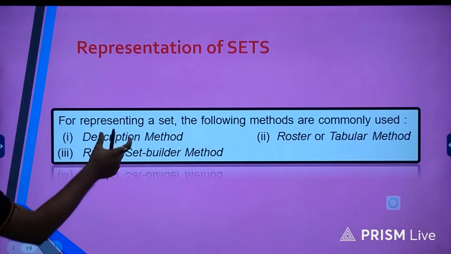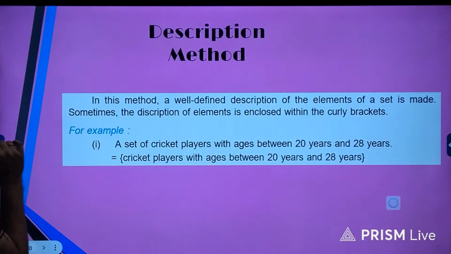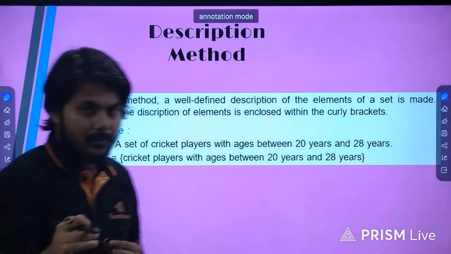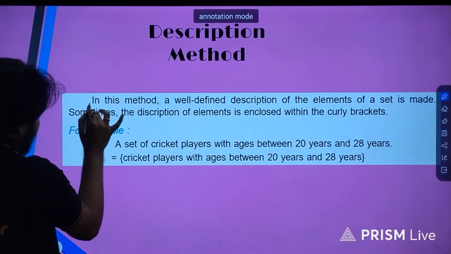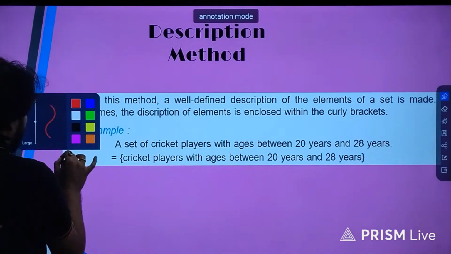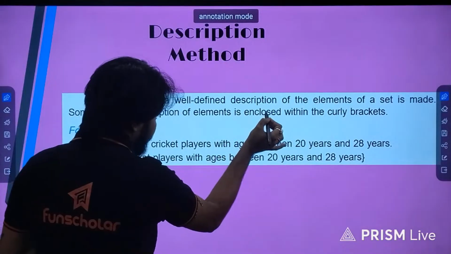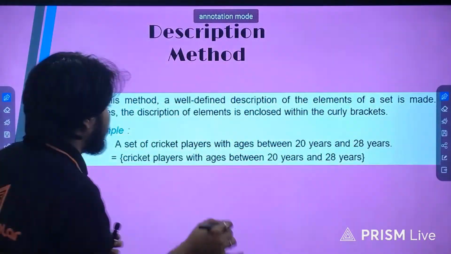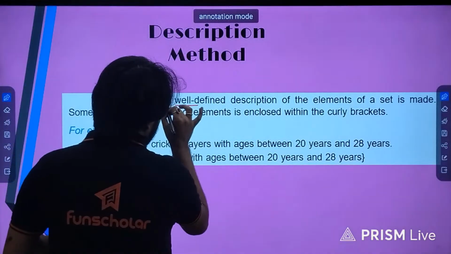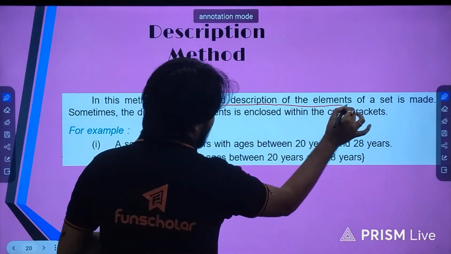So, starting with the first method, that is the description method. We are going through the definition of the description method. In this method, a well-defined description of the elements of a set is made. What is made? A well-defined description of the elements of a set.